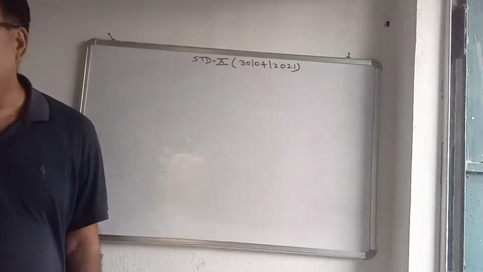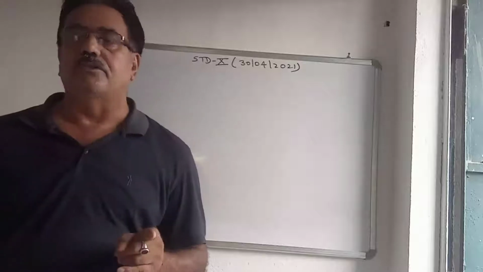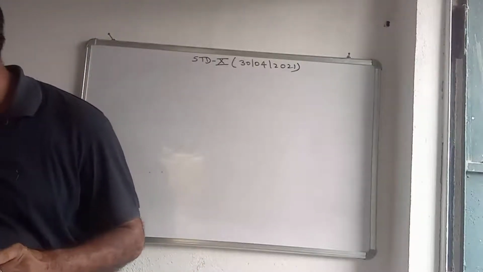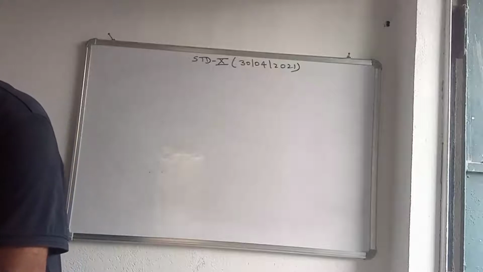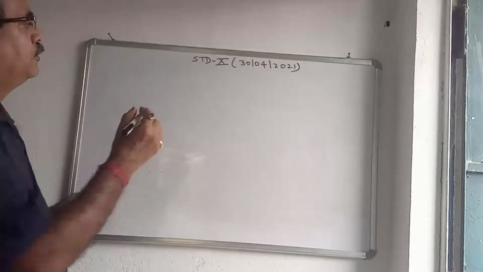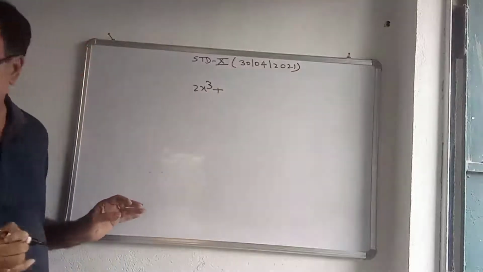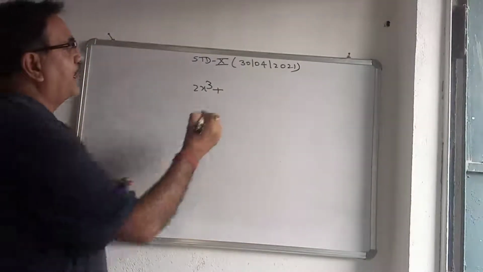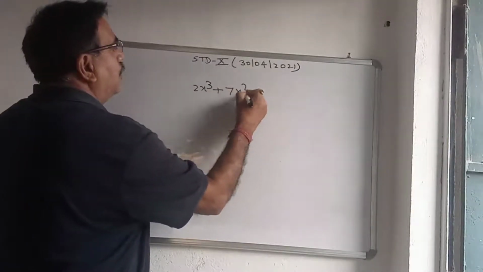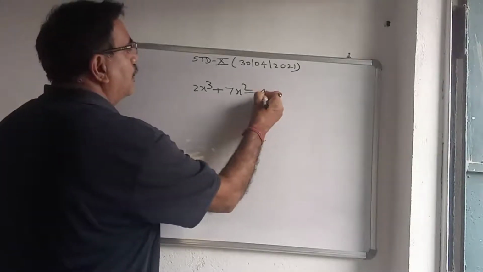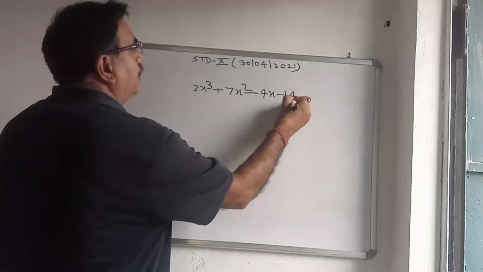Now, you know the division method, you have studied it in 7th and 8th also. Suppose 2x cubed plus 7x squared minus 4x minus 40.